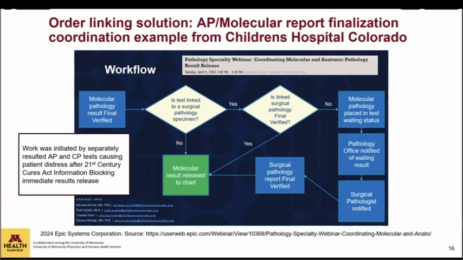So, orders, whether they come from radiology procedures or biopsies or labs, can be linked together in EPIC. And so this group has leveraged this to coordinate simultaneous release of the molecular pathology reports associated with surgical pathology. And the reports are still separate reports, but they will be released together.